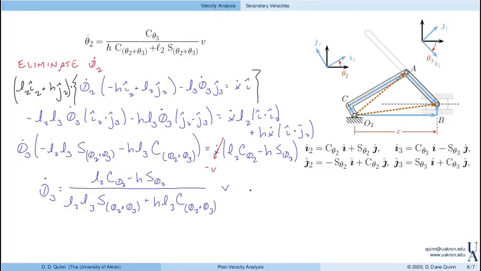And so when I work this out, we get 0.31 radians per second for theta 3 dot. Now, again, we could use the component in the j direction. If I did that, we'd get the same thing.